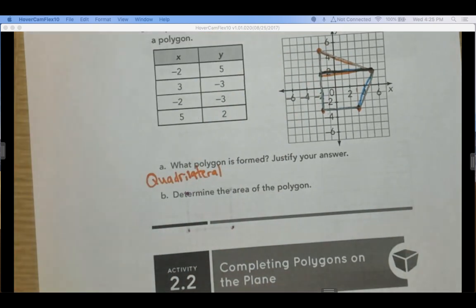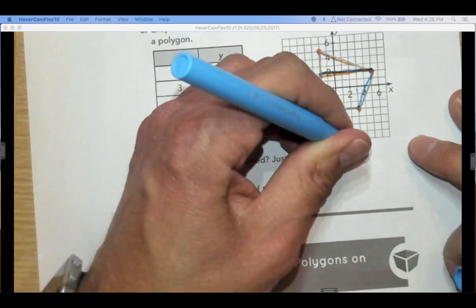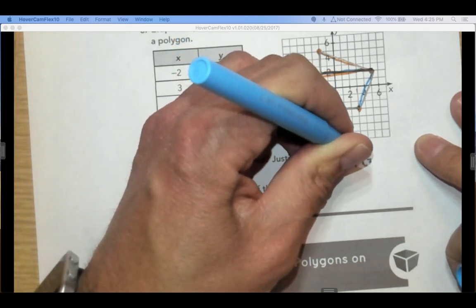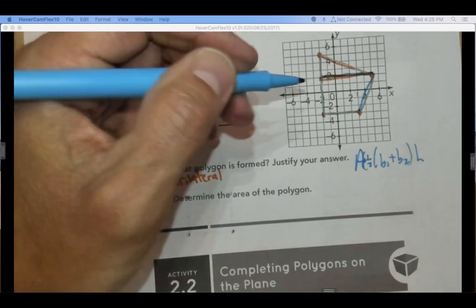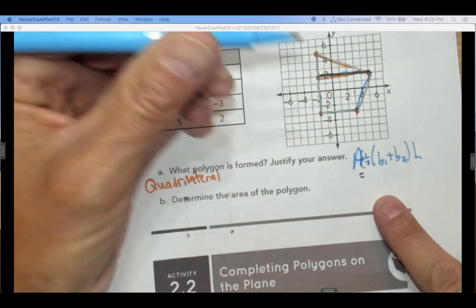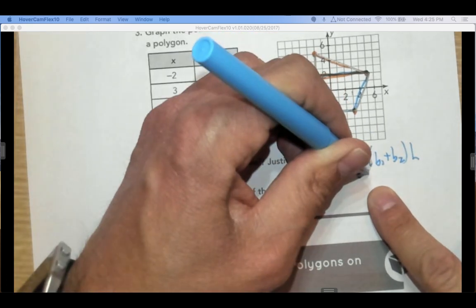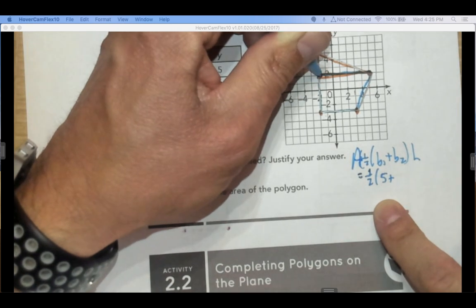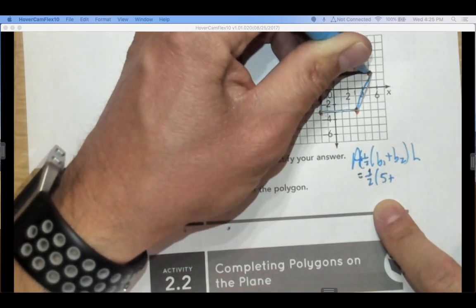Okay? And for the trapezoid part, the area there is going to be 1/2 of base 1 plus base 2 times the height. And if I look at this, base 1 is 1, 2, 3, 4, 5 units, plus 1, 2, 3, 4, 5, 6, 7 units.